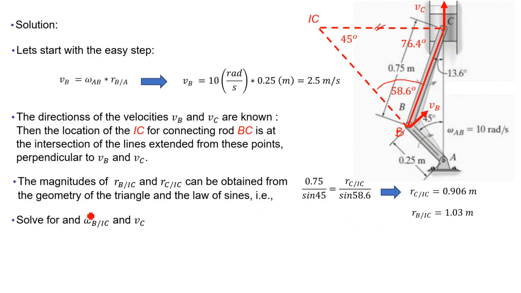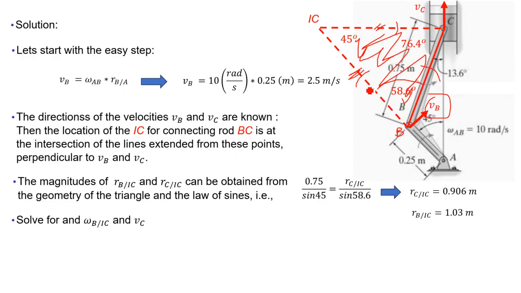I'm going to start to solve for the omega BIC and the VC. Now remember that the omega here is going to be the same as the omega here and the same omega here, because now we can consider that as a solid piece. So now let's see how we can find the omega BIC. Now this velocity here is perpendicular to that link here.